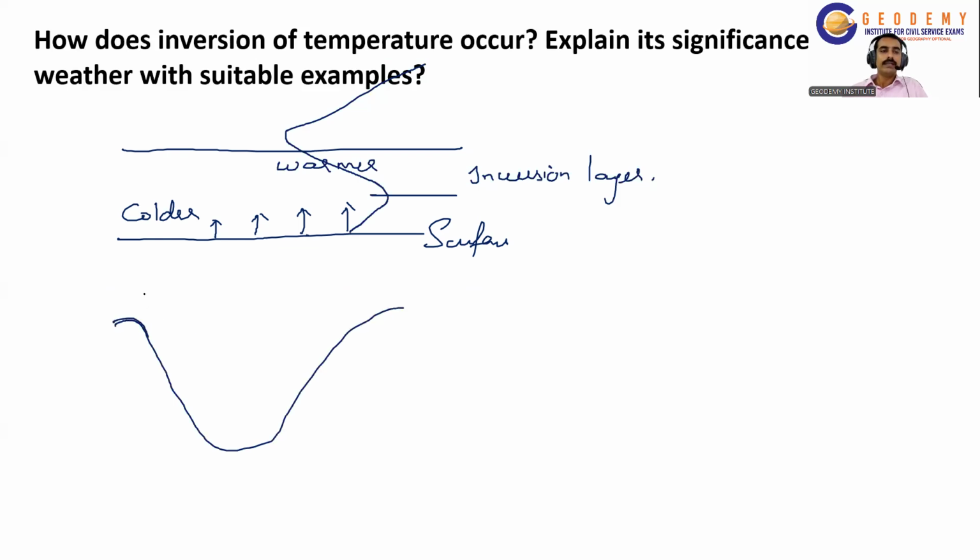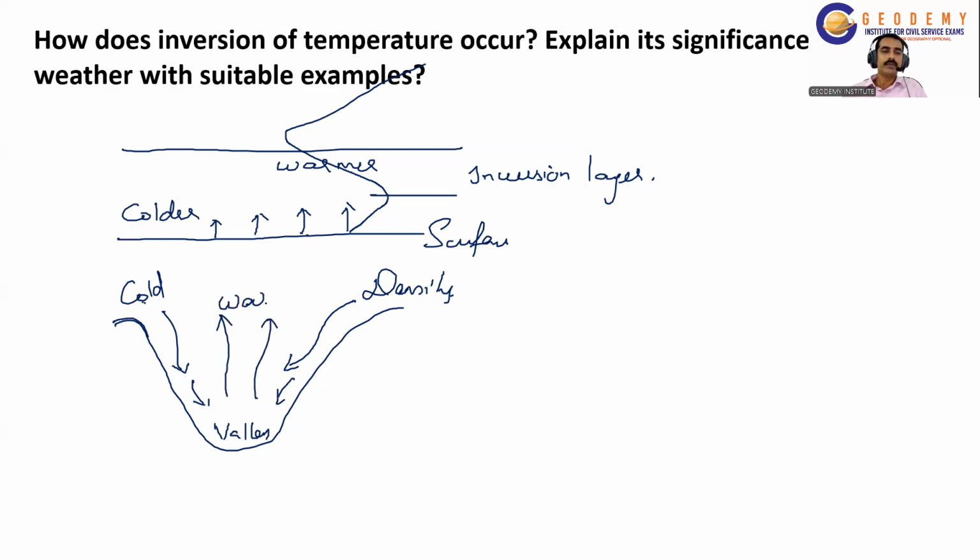During the night time, the cold air mass becomes denser, and in the early morning it becomes severely cold and the density increases. Due to the increased density, this air from the mountain top sinks down towards the valley region. The warmer air in the valley is pushed upward because the cold air is denser, and the warmer air is raised.